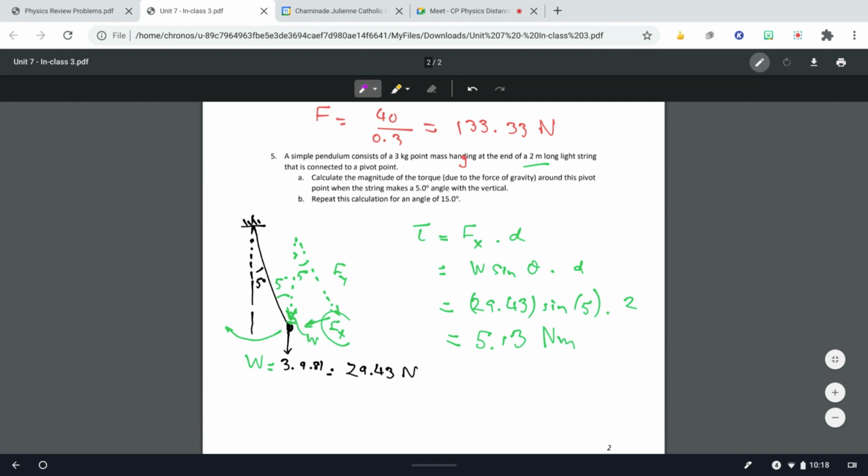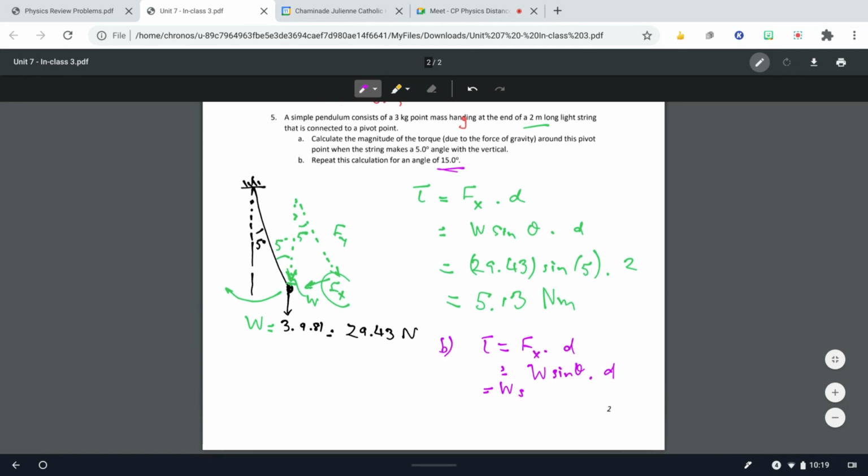And then for part B, essentially it's the same formula that you're using. The only thing that changed here is that the angle has changed to 15 degrees. So the torque formula still remains the same. You're using the force in the x direction, Fx d, or W sine theta d, or W sine 15 times d.